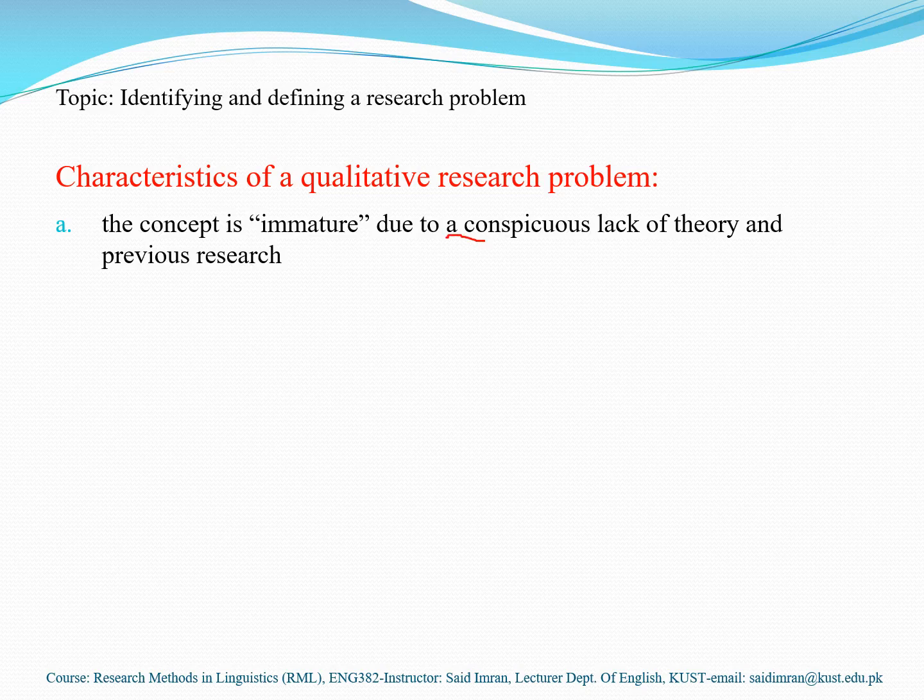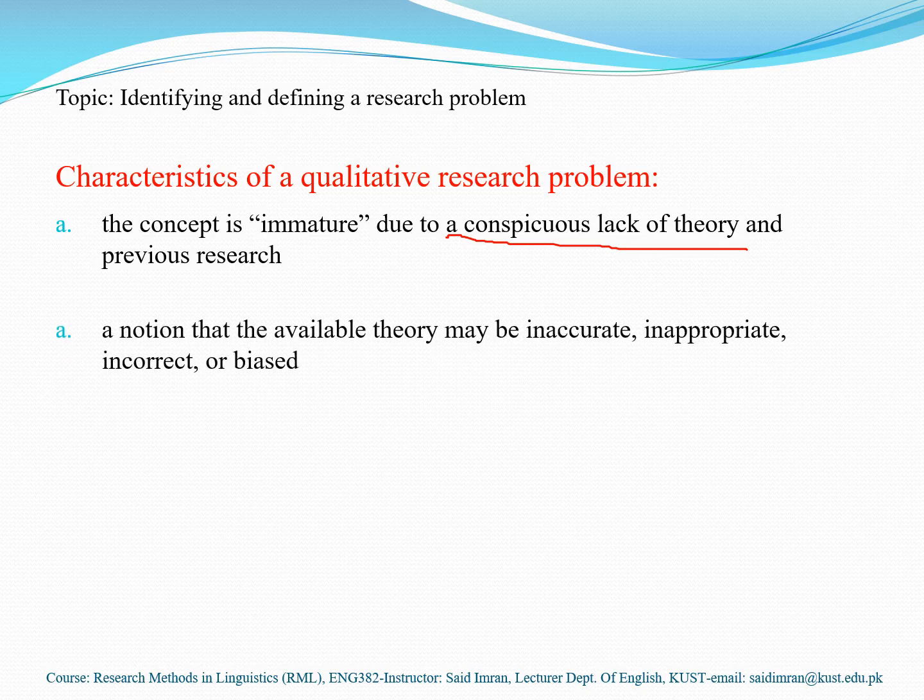A conspicuous lack of theory and evident negligence is there. No theory is available, no work has been done on that concept. A notion that the available theory may be inaccurate.